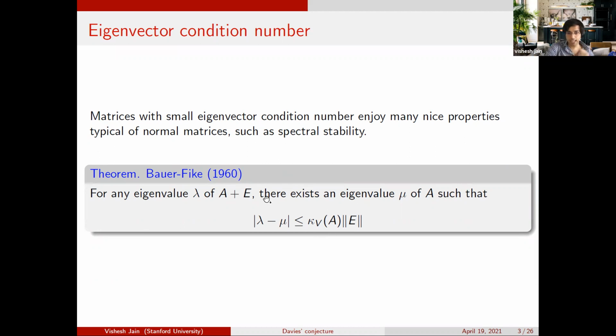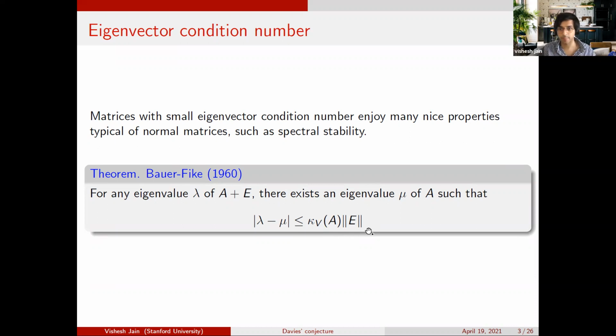If I have some matrix A with small eigenvector condition number, and I add some matrix E, which can be any matrix, then the eigenvalues can move by at most the eigenvector condition number times the norm of E, where the norm is the usual 2 to 2 operator norm.